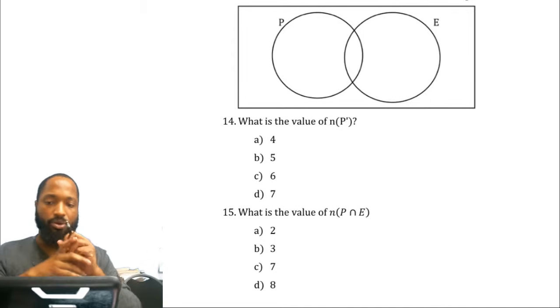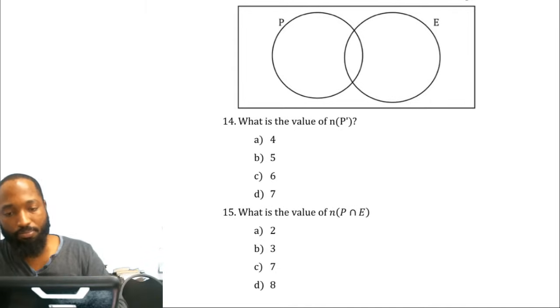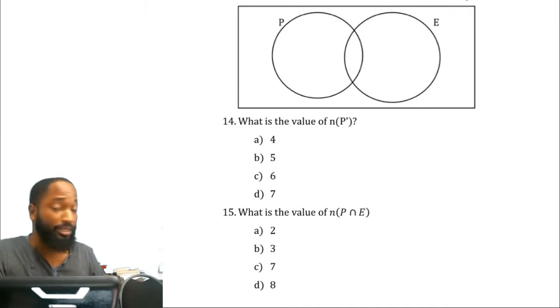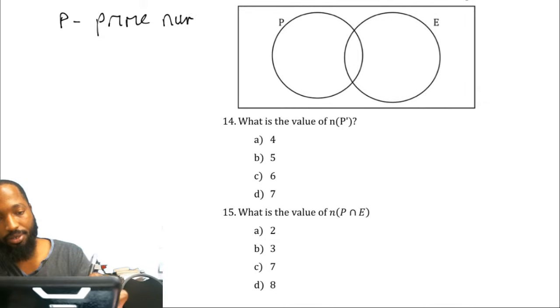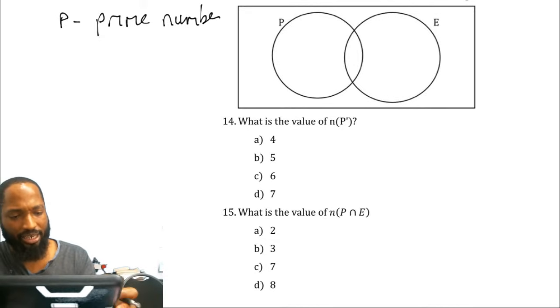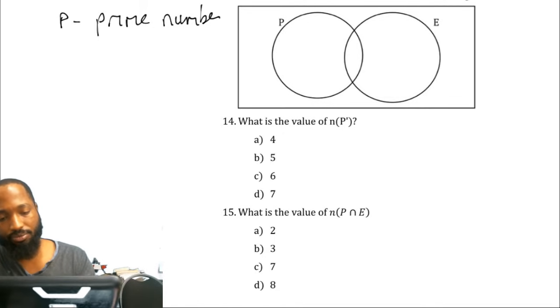Boom. What is the value of the number of elements in P complement? Now remember they said P was prime numbers, and the universal set was 1 to 10 inclusive, 1 to 10 inclusive, and E was even numbers.